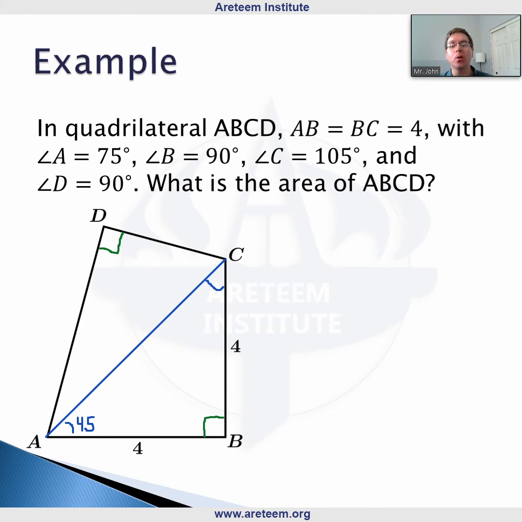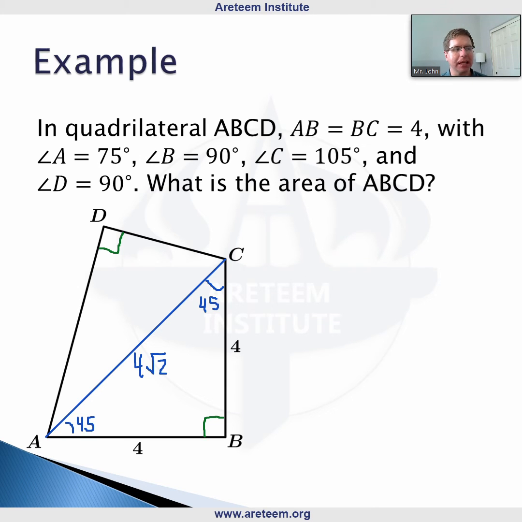And we know, and this is the important part for finding information about the areas, we know that this now has ratios 1 to 1 to square root 2. So remember, we find the hypotenuse by multiplying by square root of 2. So this AC length is 4 square root of 2 in this scenario.